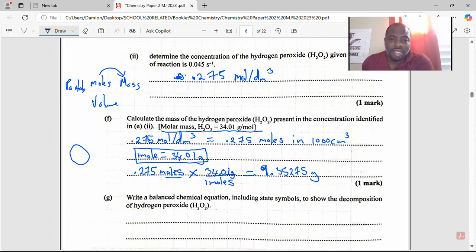Yeah? If they had asked you what's the mass concentration, then you would have just, and you can even shorten this to 0.35 grams per dm cube. But they ask you what is the mass. So they never said mass concentration. So bear that in mind. If it was mass concentration, we would have to give it in the unit of grams per dm cube. But since they ask you only for the mass, we just represent it.